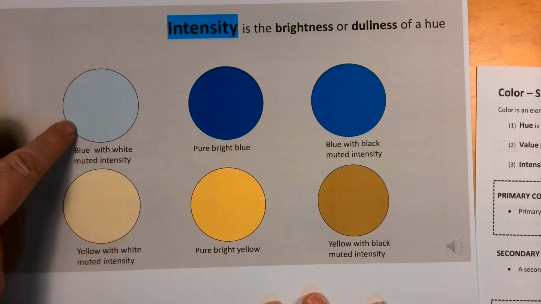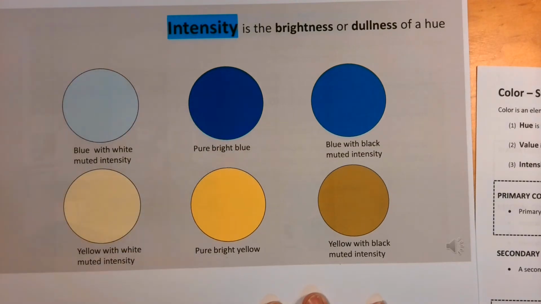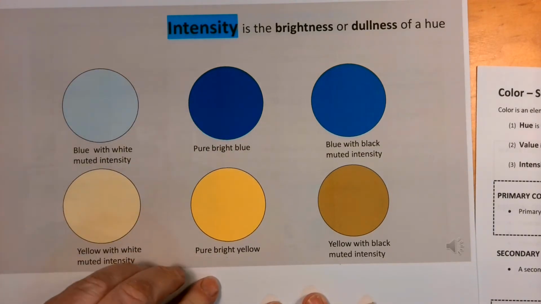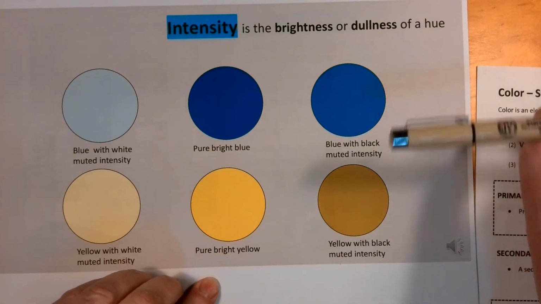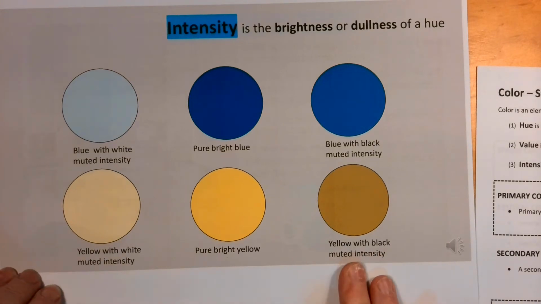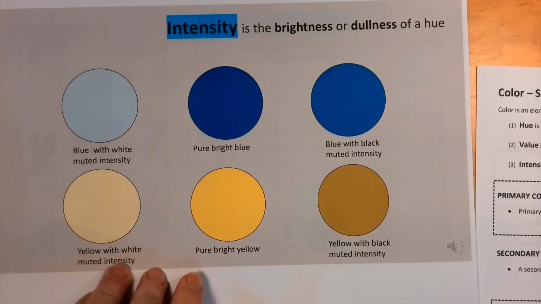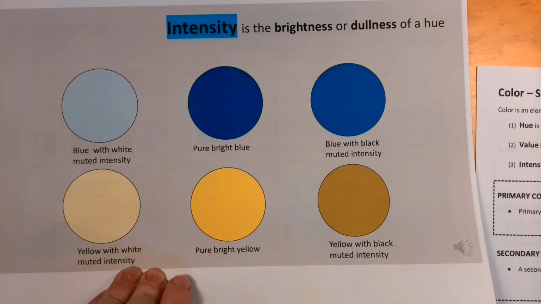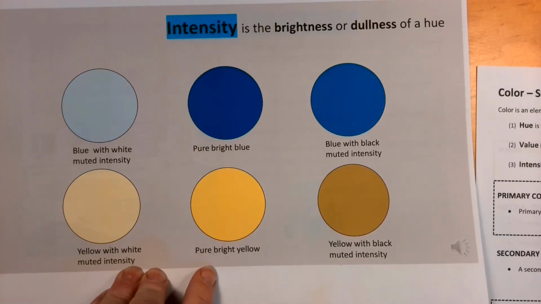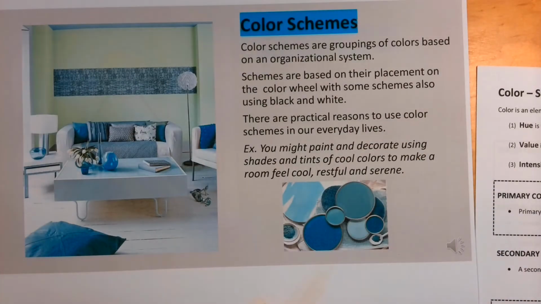So here's our blue mixed with white. We have this pale blue, our pale yellow. It's not as bright and intense. The same thing happens if we add black. So here we have that blue with some black mixed into it, and here we have it mixed with the yellow, so muting that down. Any time we are adding to a bright and pure color, we are typically taking away its purity and its intensity. So intensity is the brightness or dullness of a hue.